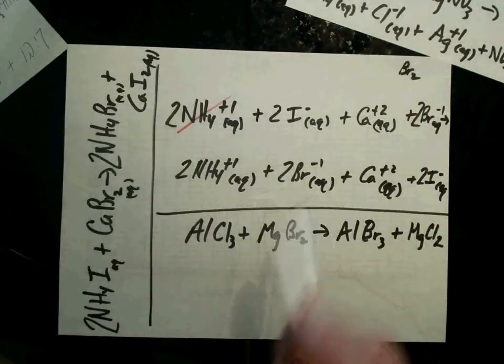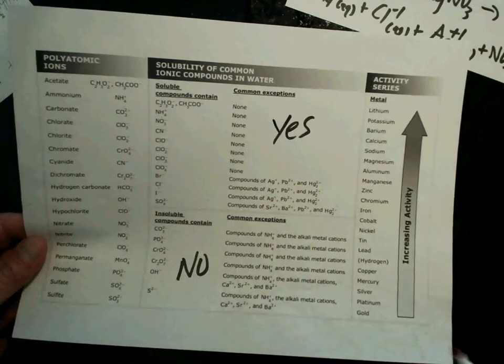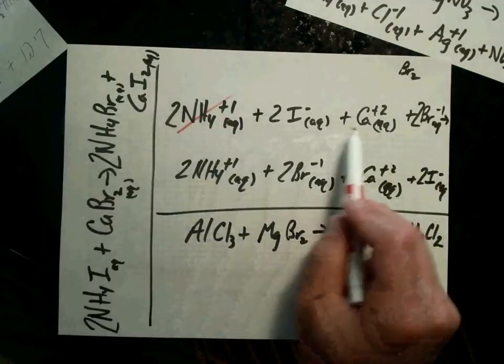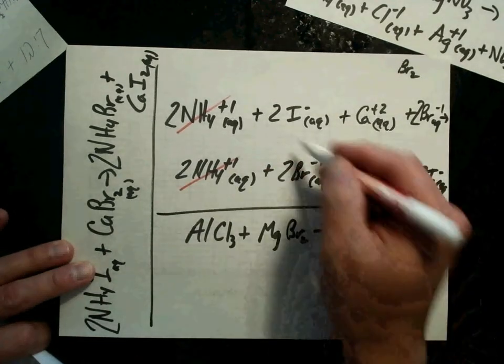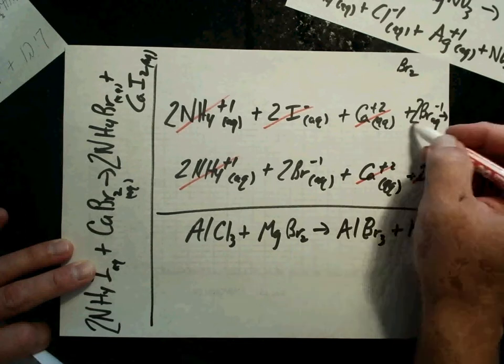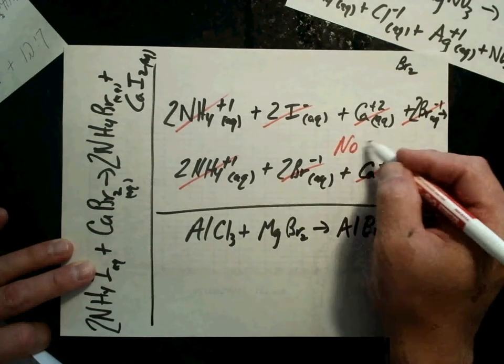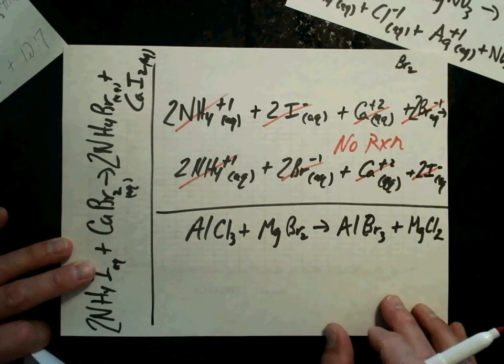There's bromide, no exceptions. It's not one of the heavy metals, aqueous, aqueous. Calcium iodide. Iodide, calcium's not one of the exceptions. So it's aqueous, aqueous everywhere. So two NH4s, spectator. Two iodides, spectator. A calcium, spectator. Two bromides, so this one was no reaction.